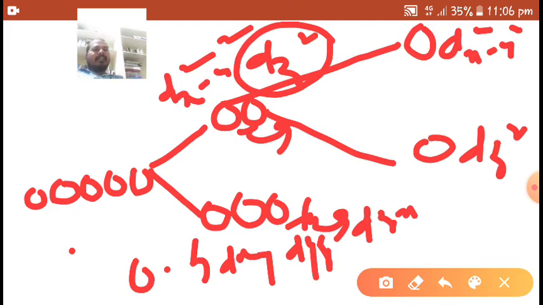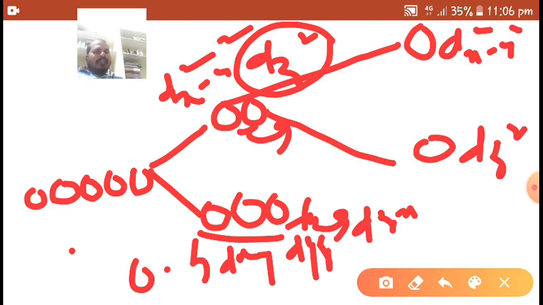So here the Eg orbitals are further split into two, dx square minus y square and dz square. In the case of T2g orbitals, again there are no ligands along the z axis, so there will be no repulsion for the z orbitals.